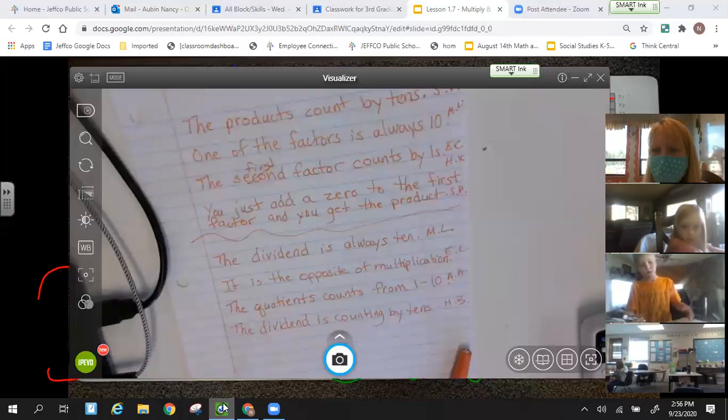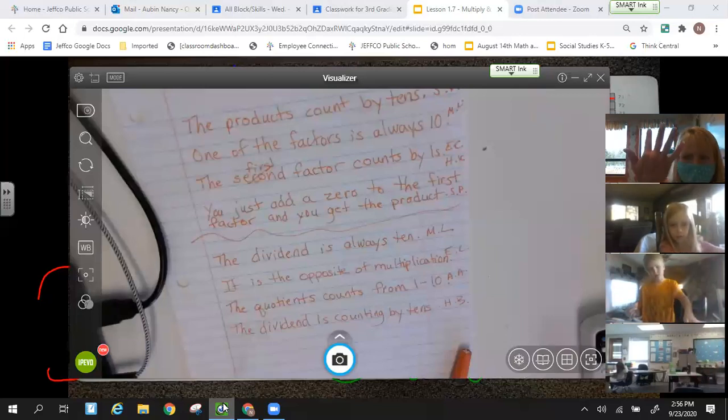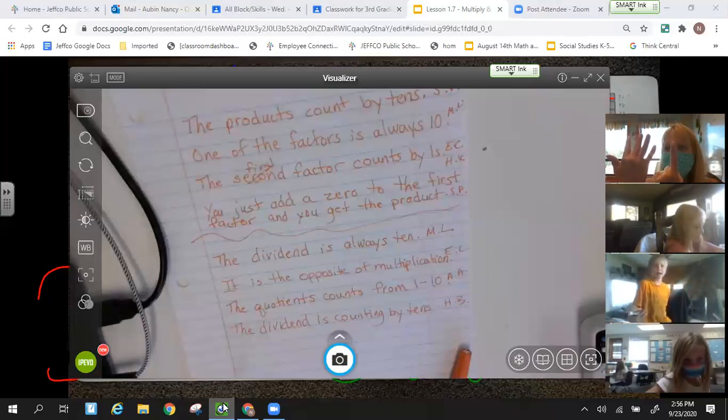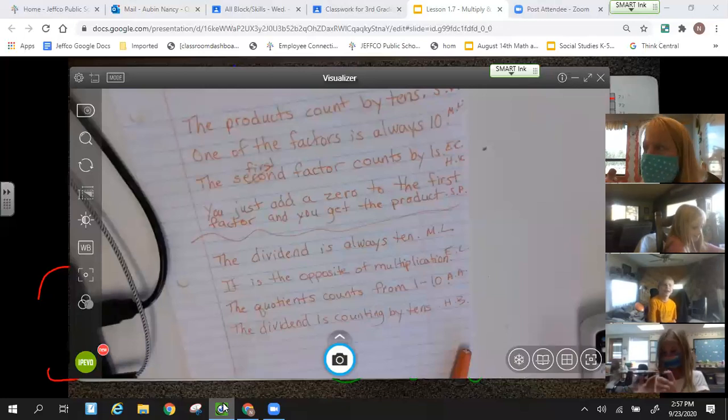That's our learning target. 1 times 10 is 10. 2 times 10. 3 times 10. 4 times 10. 5 times 10. 6 times 10. 7 times 10. 8 times 10. 9 times 10. 10 times 10. 100. All right, now we're going to do it backwards.